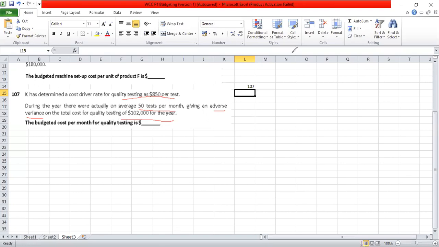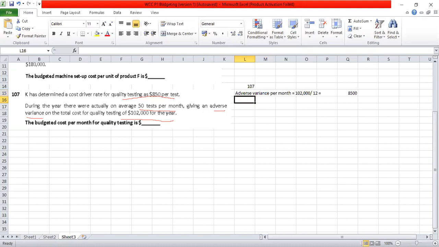Let's make it per month. So that is 8,500. 8,500 is the adverse variance.